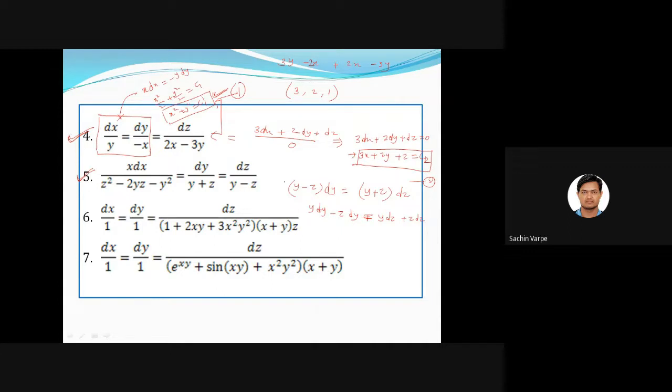I think it's not possible to get the variable separable form from this. Is it? Can we separate these variables?